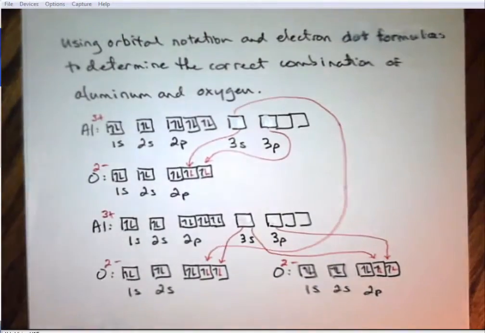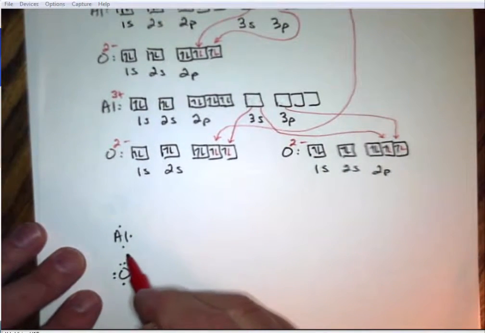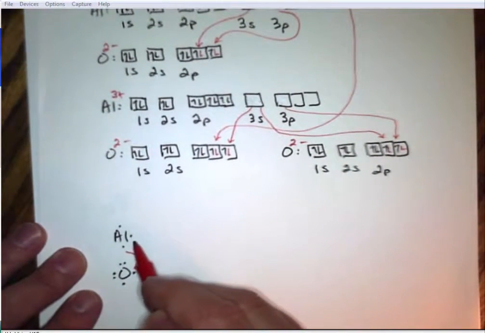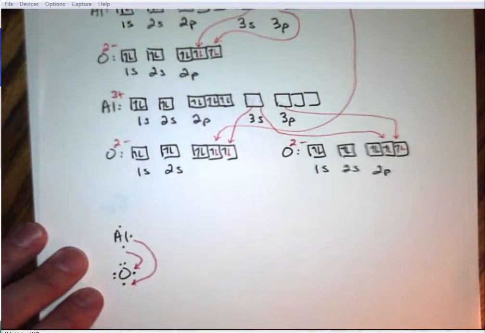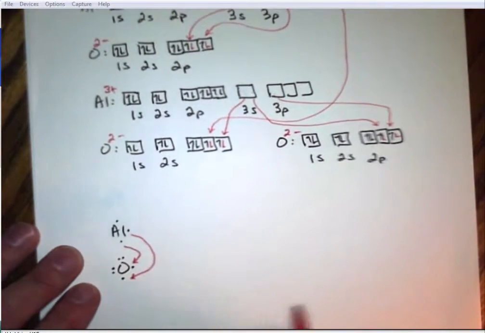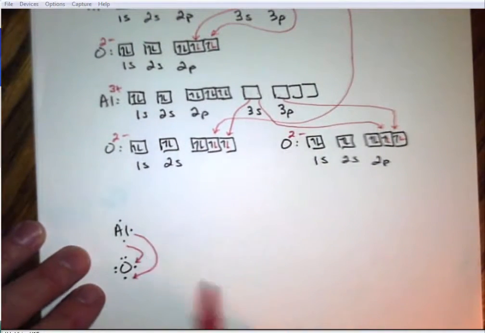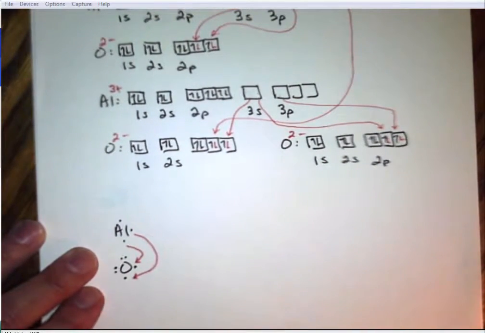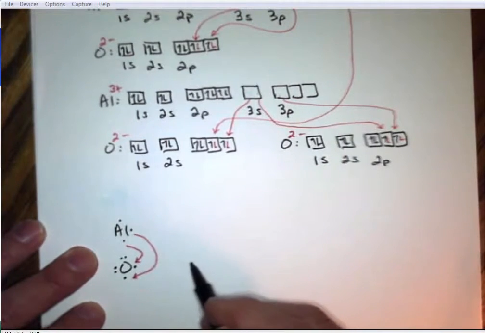Now, if I have aluminum using electron dots down here, then I can take 2 electron dots and move them over here to oxygen. That gives the oxygen all the electrons it wants. It wants 2 on each of the 4 sides to get 8. But aluminum needs to get rid of another electron dot. So for that, I'm going to need another oxygen.